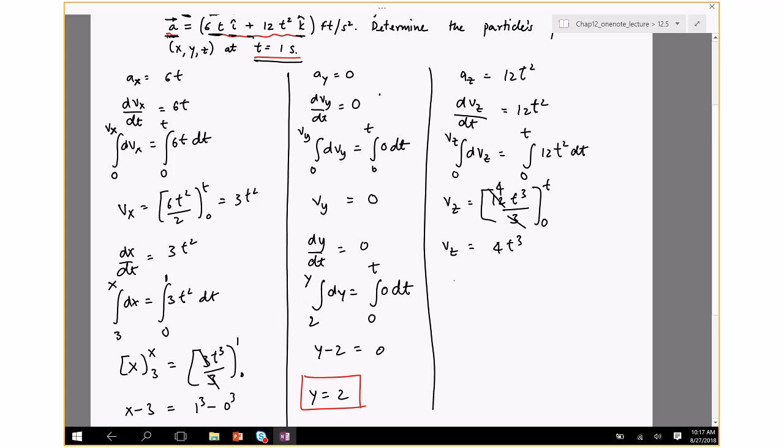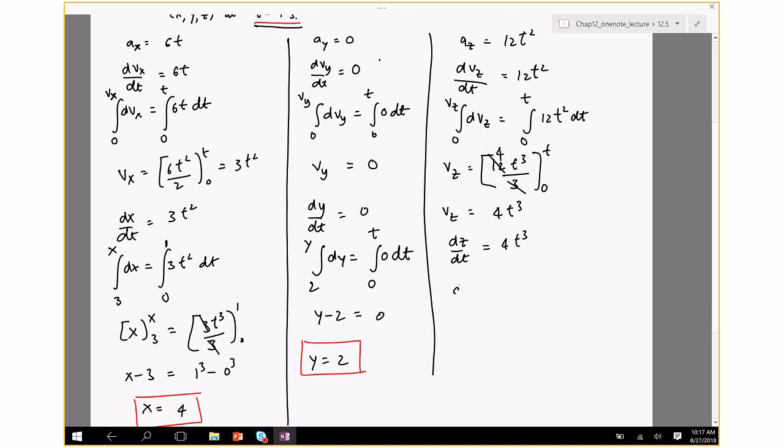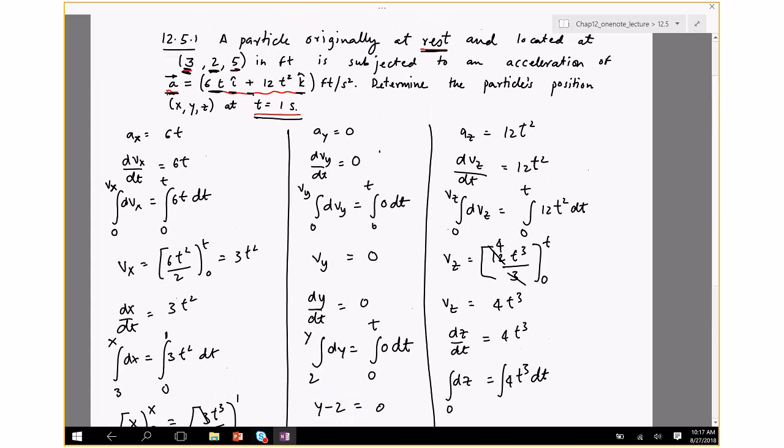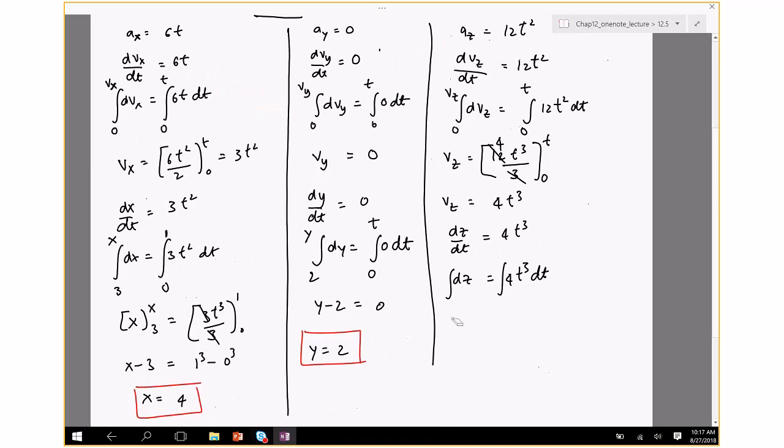And then this gives me dz/dt equals 4t cubed. The lower limit is not 0, I think it's 5, right? So initially the particle is at 5 when the time is 0. The new limit is z, and then we want to find the position when time t equals 1.